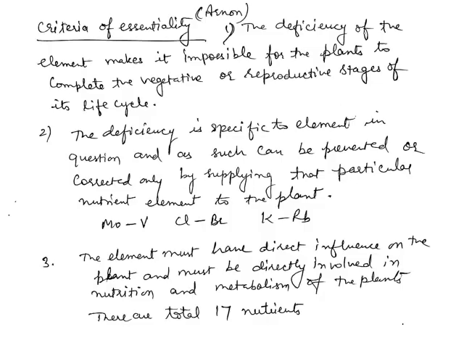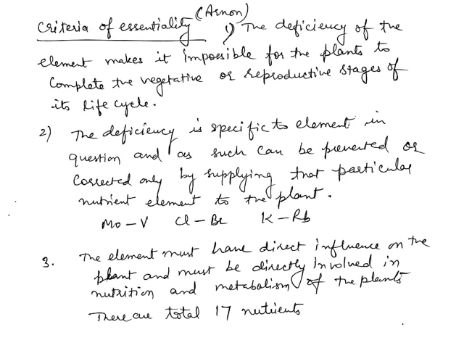So we have studied three important macronutrients: nitrogen, phosphorus and potassium. Now the criteria of essentiality. The scientist Arnon has presented the criteria of essentiality of elements in plants. Deficiency of the element makes it impossible for the plants to complete the vegetative or reproductive stages of their life cycle.